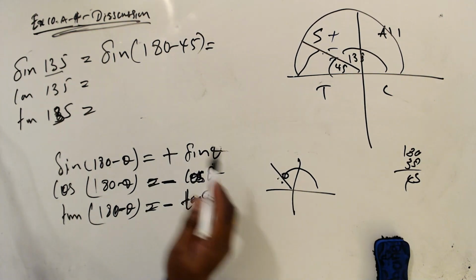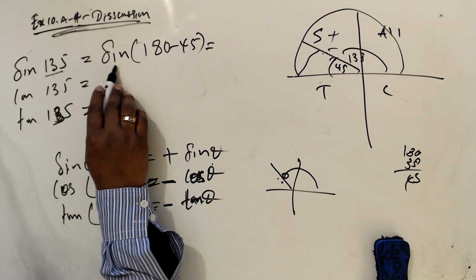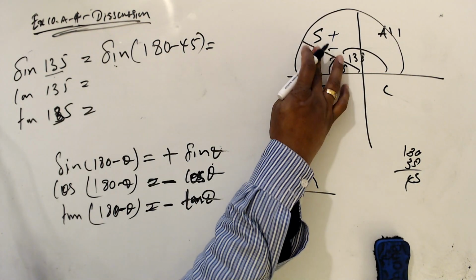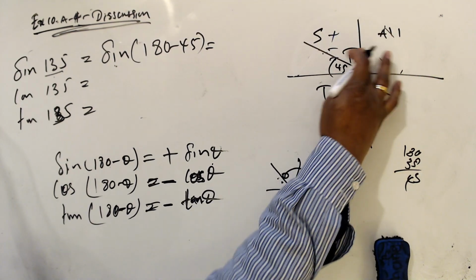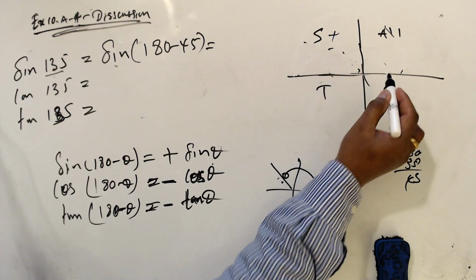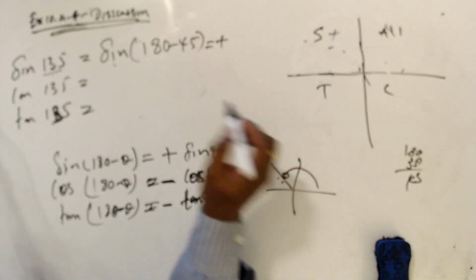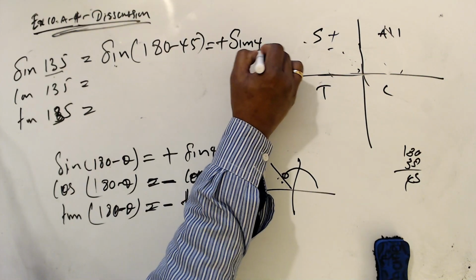Now I know, since 135 is in the second quadrant, the sine ratio is positive. So sine ratio is positive, and we simply drop 180 and we write 45.